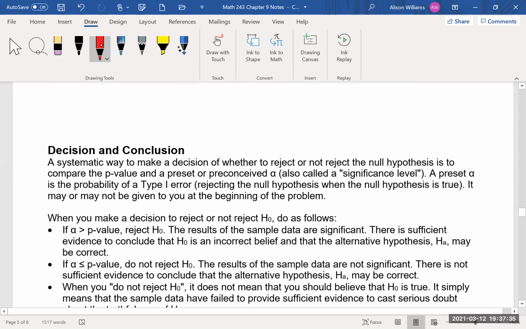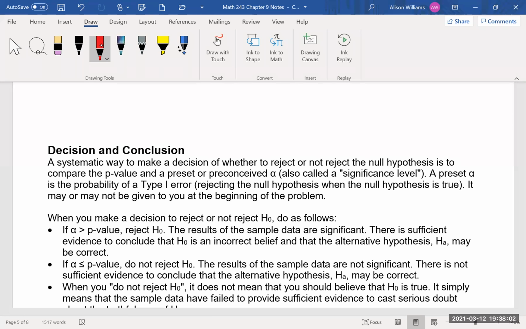Now, I mentioned that we're interested in minimizing type 1 error. So often we will have an amount that we're okay with the type 1 error being. In other words, maybe you're okay if you have a chance of that error occurring and it's 10%. Or maybe you're really worried about making a type 1 error, so you want it to be very low, like 1%.